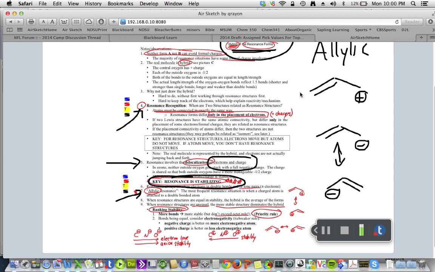The original right oxygen, negative oxygen, would have had 3 lone pairs, but in the right image it has 2.